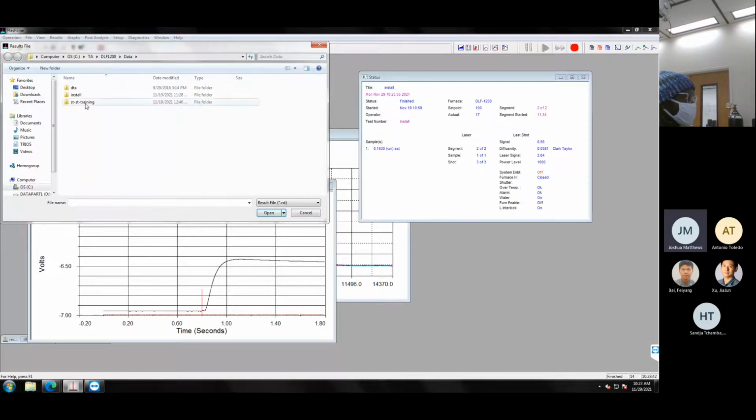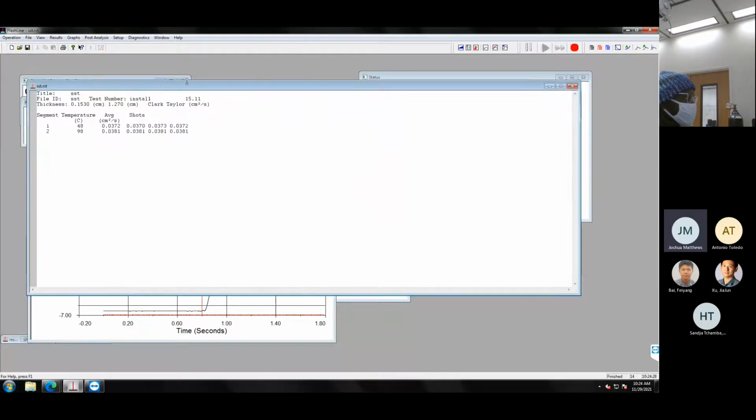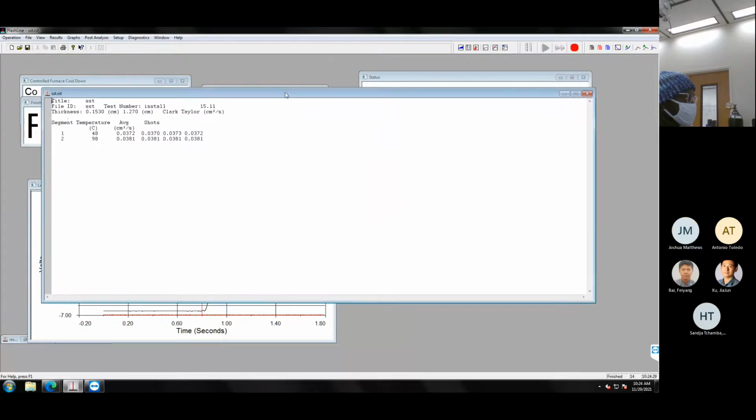Remember when we set up the test, the file ID field dictates your folder name. We named it install for this one, and you can come into the results. The RST notation right here means results. We can open this, and it gives us the results for our test.